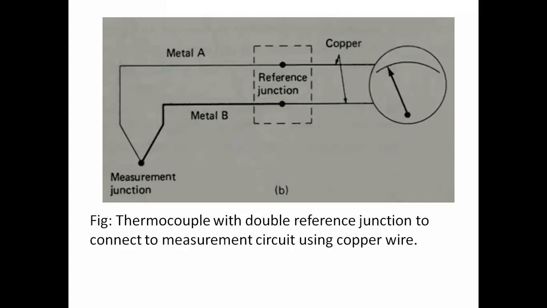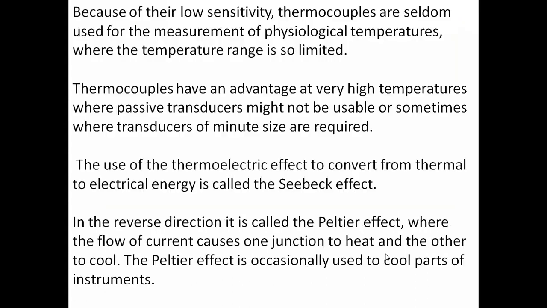That's why we have to use long wires, and those long wires are also manufactured from the same metal used for the thermocouple. Like this we can avoid the errors due to temperature variations of these conductors or metals.